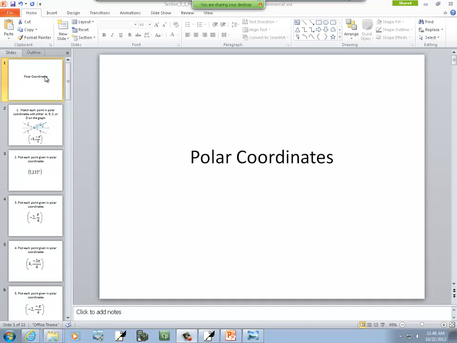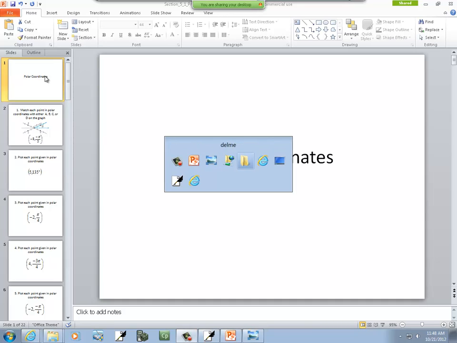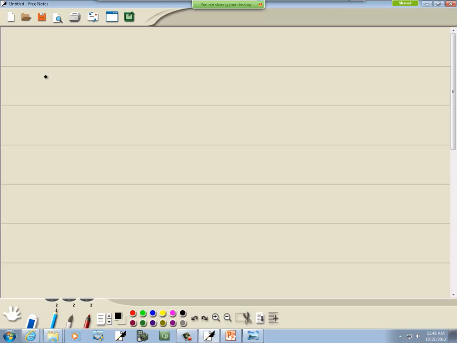Let's take a look at polar coordinates. Now, we're used to rectangular coordinates, and this is a way to express a point. So I could express a point this way, (2, 2).